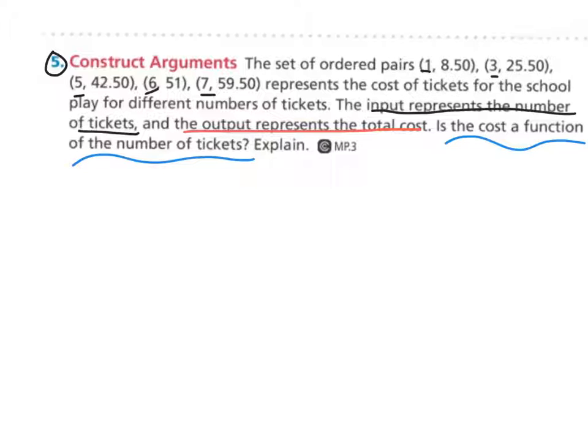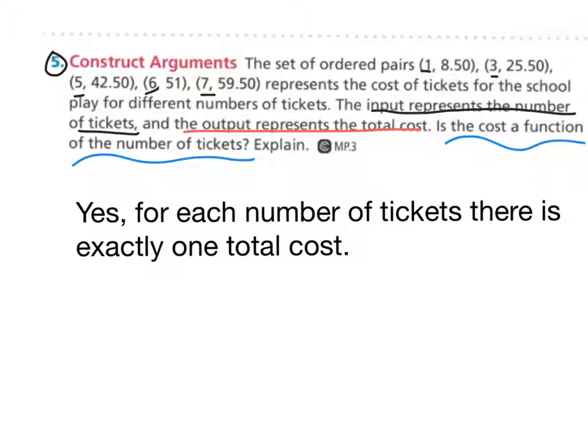So for sure we're not going to have an issue of having the same X but then having 2 different Y's, because we don't even see the same X value happen twice here. So we could say, yes, it is a function, because for each number of tickets, there is exactly one total cost.